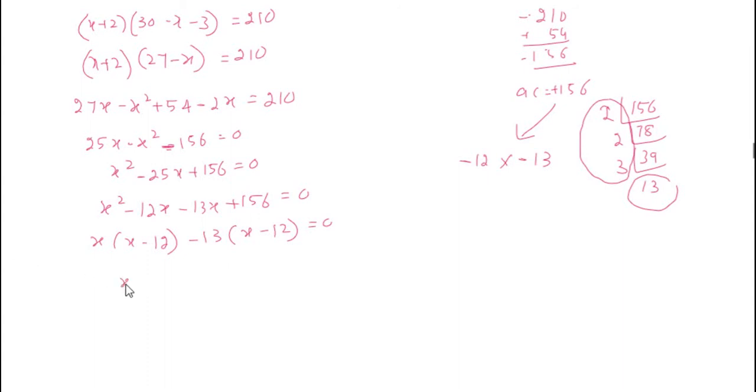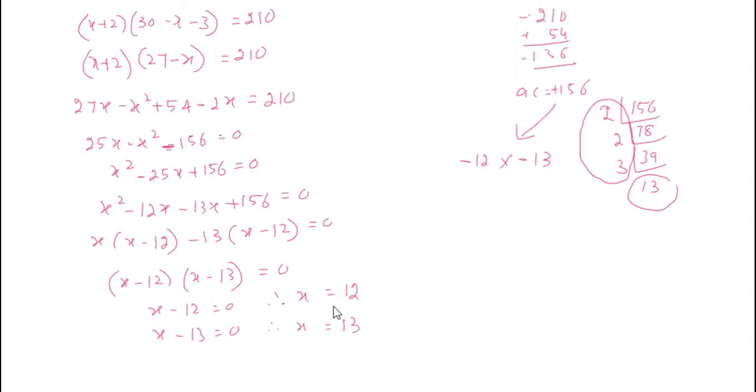Taking the common term x minus 12 out, x minus 13 is what is remaining, equal to 0. x minus 12 equal to 0, therefore x equal to 12. x minus 13 is equal to 0, therefore x is equal to 13.